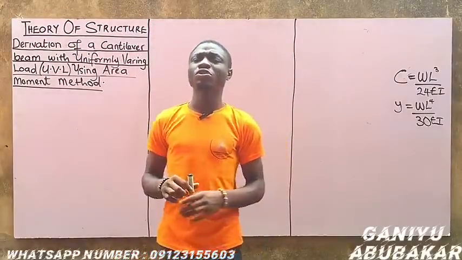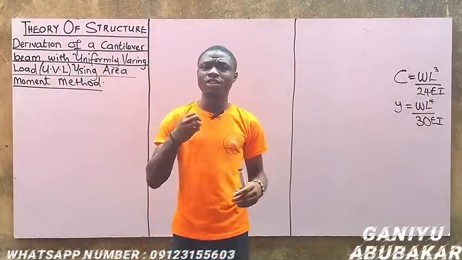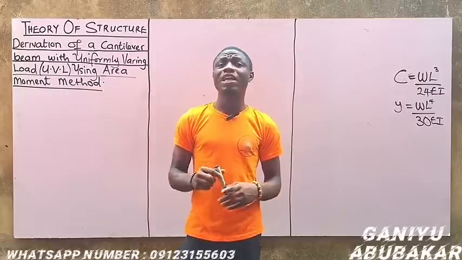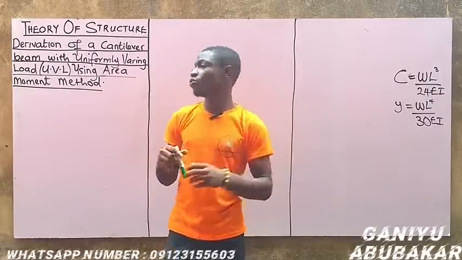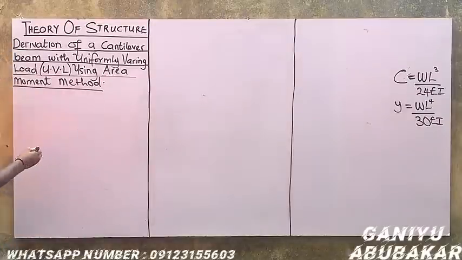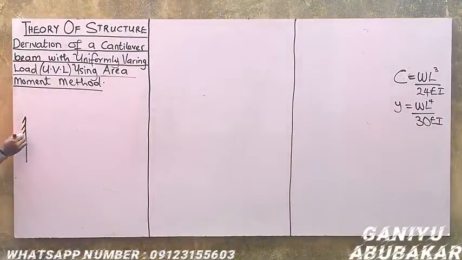So what's the first task? When you're using area moment method, your first task is to draw the diagram. The diagram says a cantilever beam with what? Uniformly varying load. So I'll have a cantilever beam here, something of this nature.